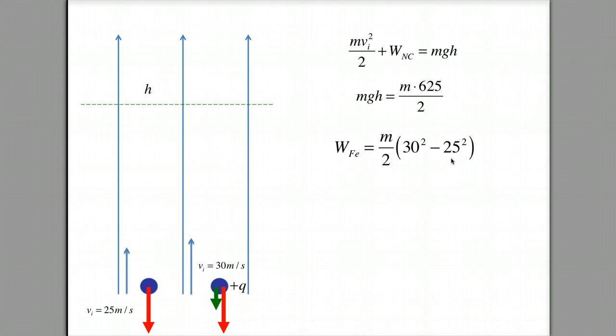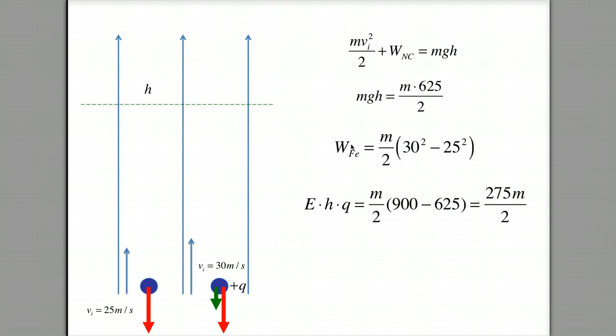So 30 squared minus 25 squared, that's like 900 minus 625, that gives us 275 m over 2. Again, mgh is m 625 over 2, and I can use that later on.